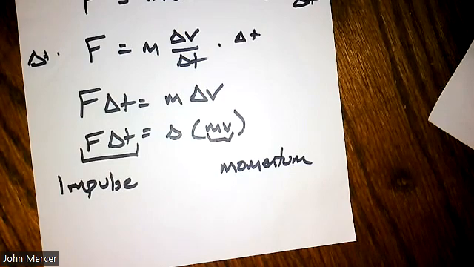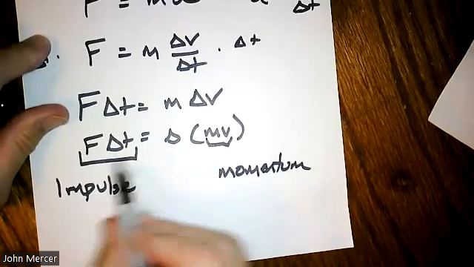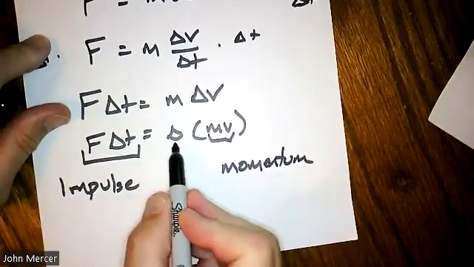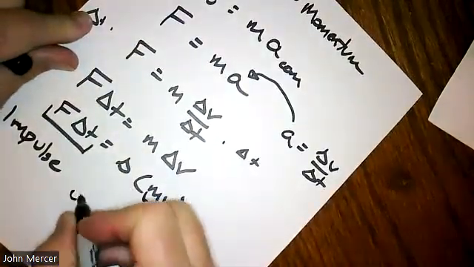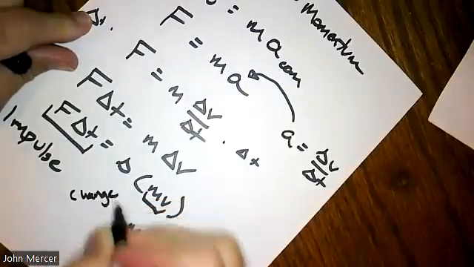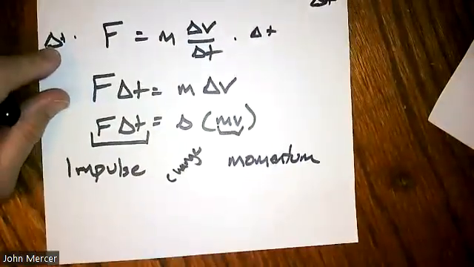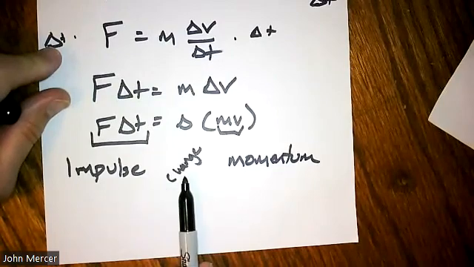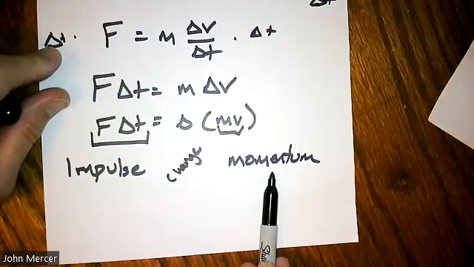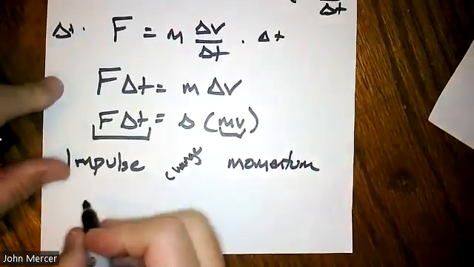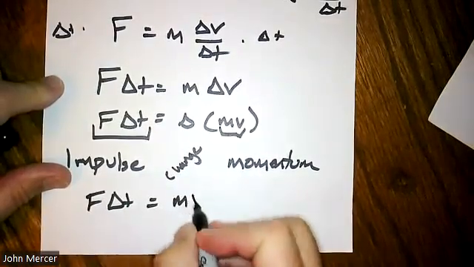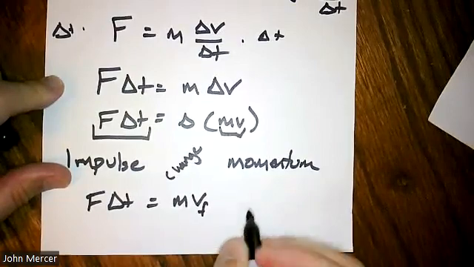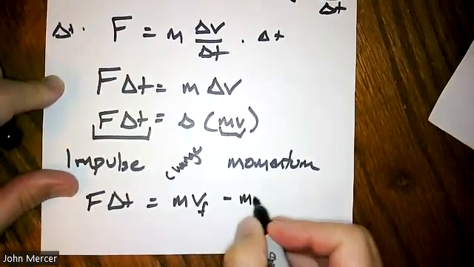Okay. Now, in between these two words is this equality sign and that important delta symbol. I'm going to write that here. Change. Okay. Impulse causes a change in momentum. Right. So we could rewrite this as F delta t equals mvf, final momentum, minus mvi.